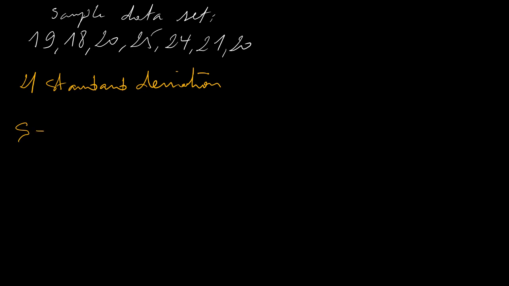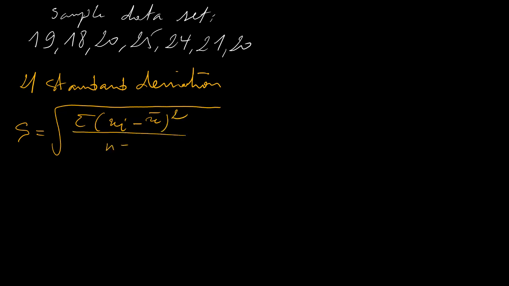It is denoted by S. S equals the square root of the sum of the sample values minus the sample mean squared divided by n minus 1. So here step 1 is to calculate the sample mean. The sample mean is equal to the sum of xi divided by n.